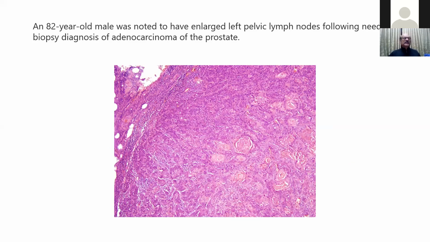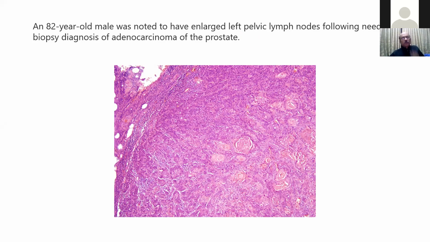And the last case, an 82-year-old male was noted to have an enlarged left pelvic lymph node following needle biopsy diagnosis of adenocarcinoma of the prostate. So this patient had adenocarcinoma of the prostate diagnosed by needle biopsy. Then they resected the left pelvic lymph node, and here is the pelvic lymph node.